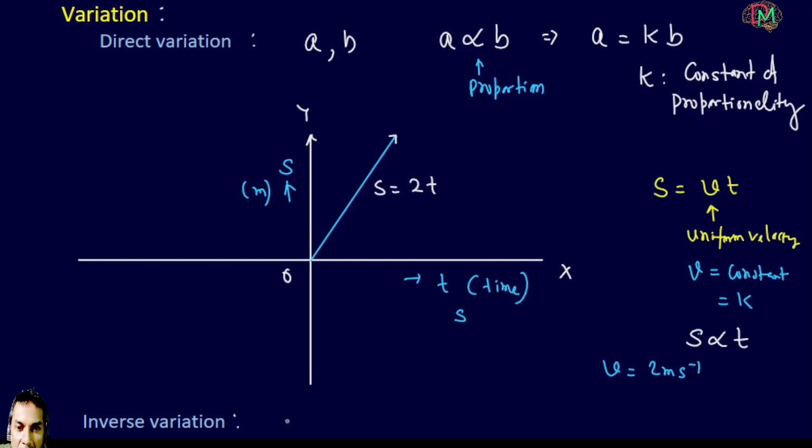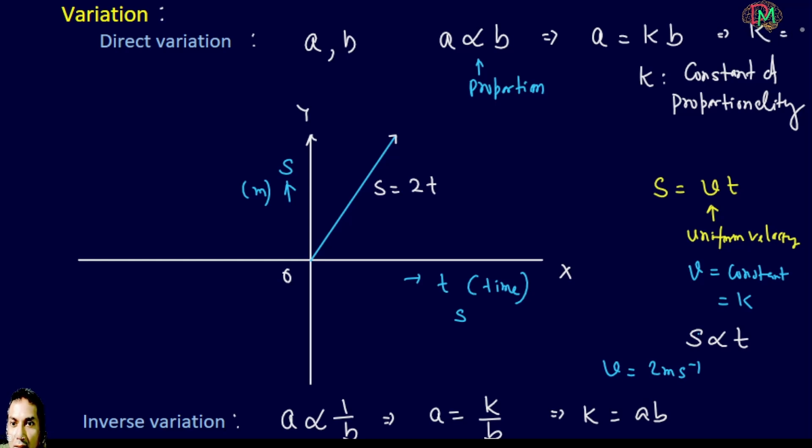How can you represent it? Suppose two variables are a and b, and they are inversely related, then we can write a is proportional to 1 by b, and with the proportionality constant, with equality, we can write a is equal to k by b. Here you remember k is equal to a into b, but for the direct variation, k was a by b.